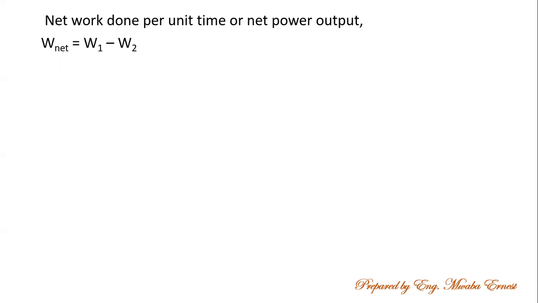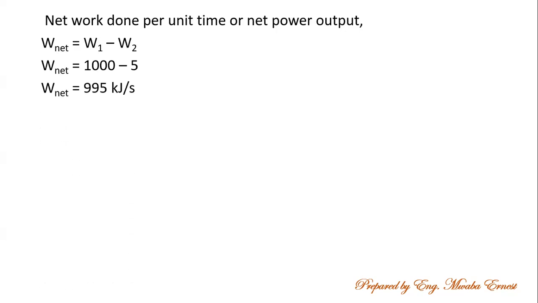Then we'll have the net work done per second. We're told that the power developed is 1,000, and it only took out 5 kilowatts to make sure the pump can run and pump the condensate back to the boiler. So 1,000 take away 5, you get 995.